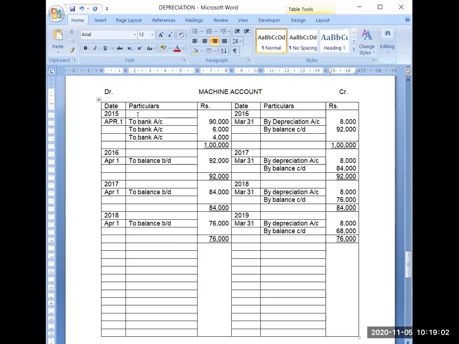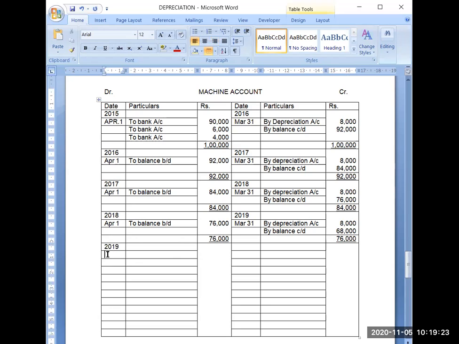You can see 2015-16 1 year complete, 2016-17 second year complete, 2017-18 third year complete, 2018-19 fourth year complete. Question has asked that you have to present the machinery account for 4 years. Now I will write the opening balance and I will close this account.